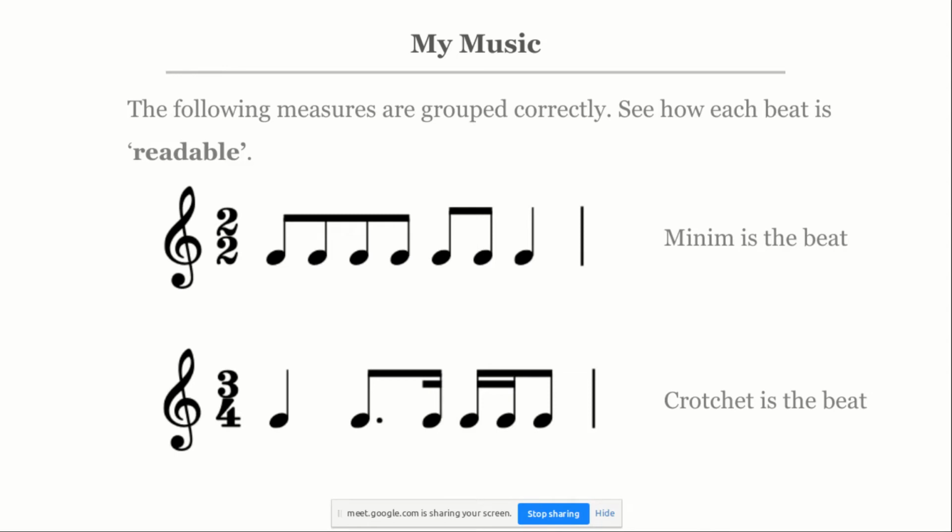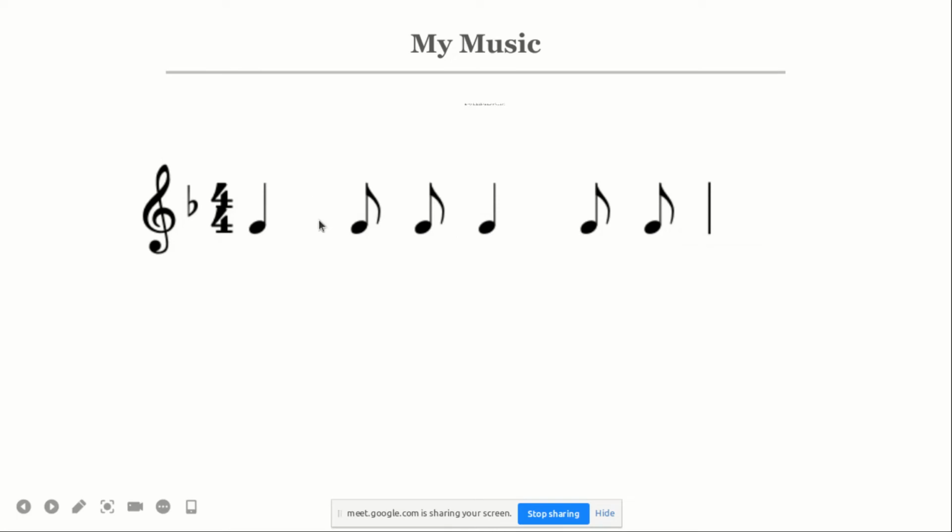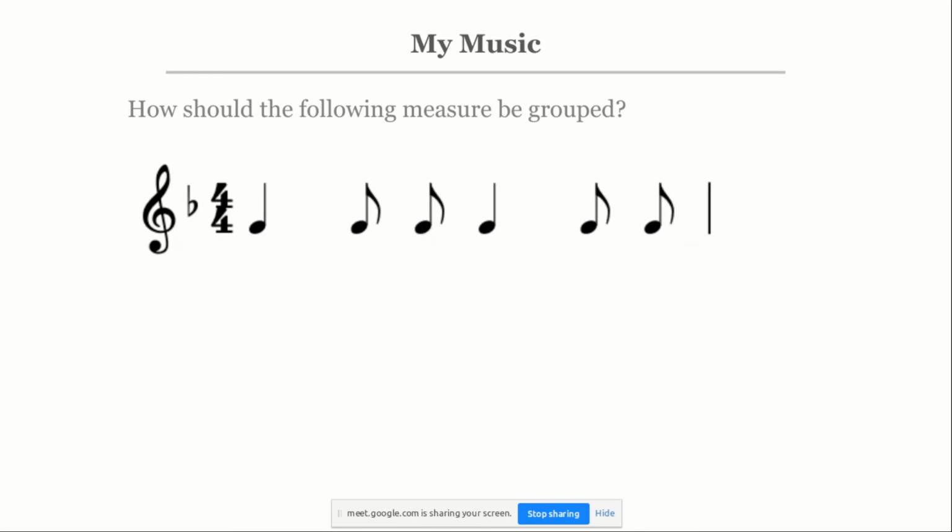Okay. Is it making sense? Yes, it does. So how will you group these? How many beats are there in this bar? 6. Okay, time signature. What does the time signature say?